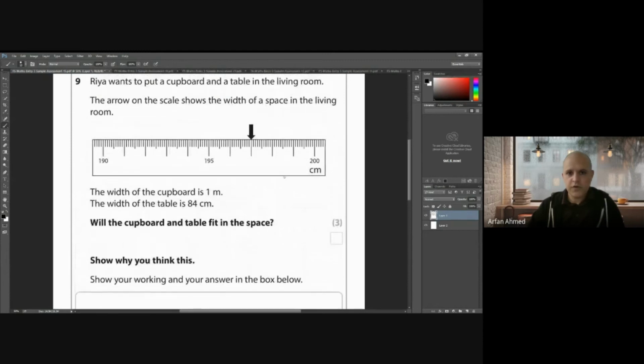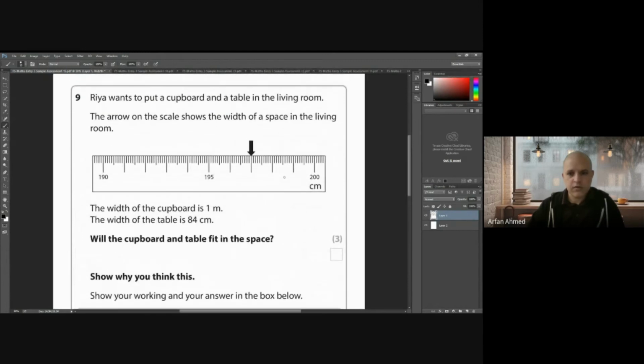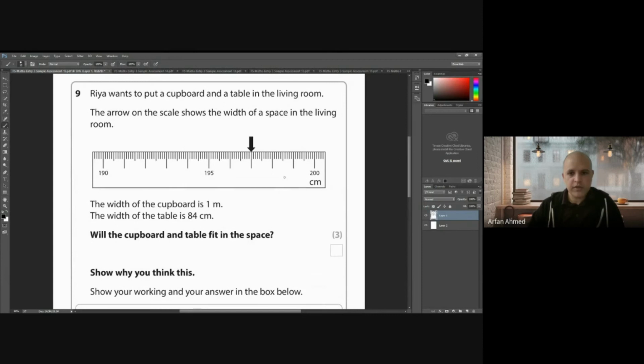First things first. Make sure you've got everything in the same unit so you can compare. Let's see what this reading is. The arrow on the scale shows the width, so this will tell us how much space we've actually got in the living room. If that's 195, there's 200 there. Each of these big ones, how many do we have?